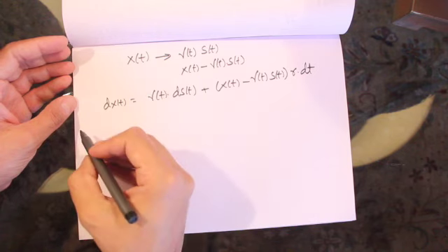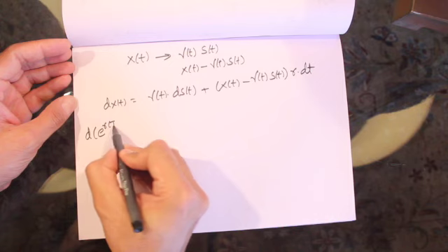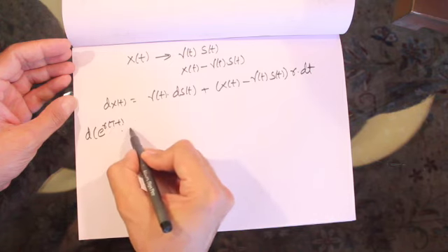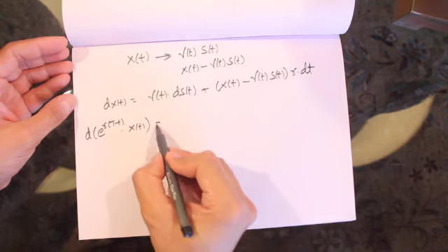Now what I want to do is compute d of e to the power of r(T minus t) times X_t. Okay, let's basically compute that.